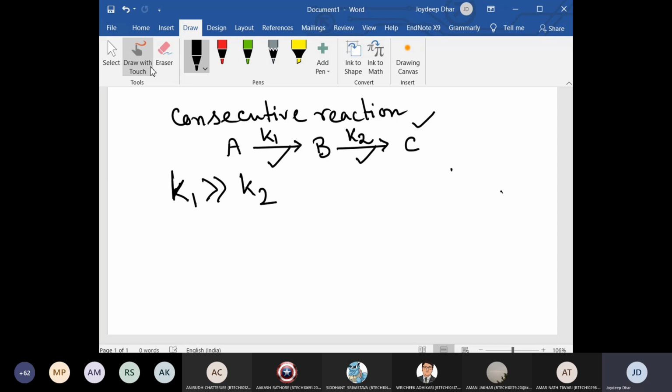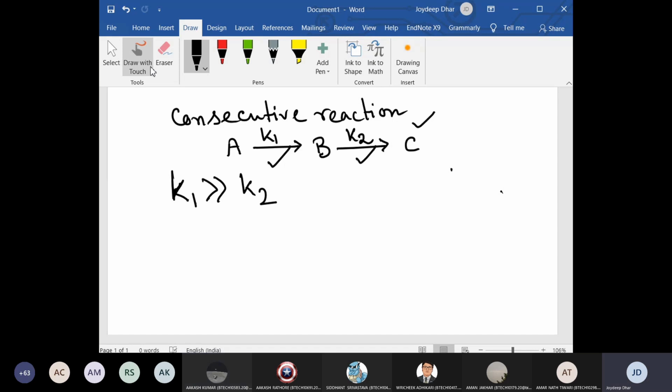So what will be the situation? B will form or B will be consumed immediately? K1 is the formation of B. So if K2 is larger, then B will be consumed immediately.